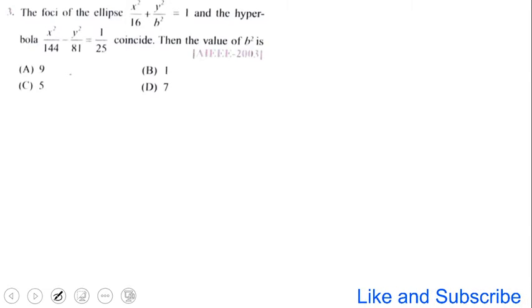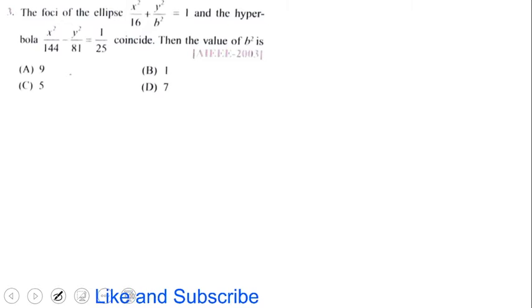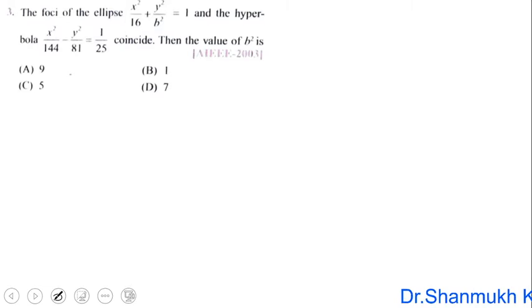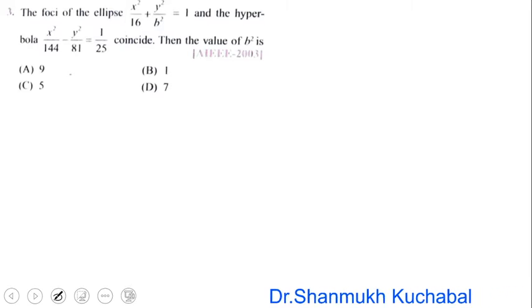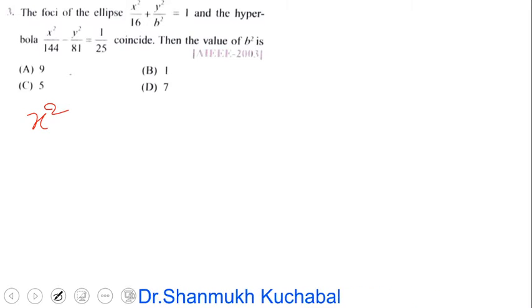So now, using this ellipse equation and hyperbola equation and finding the foci, comparing the x coordinate, we have to calculate the value of b square here. First we'll take the hyperbola, x square.